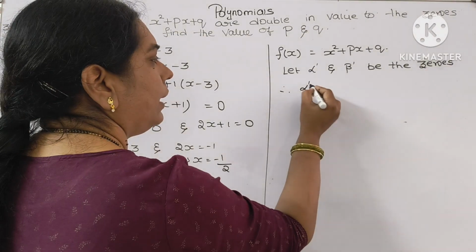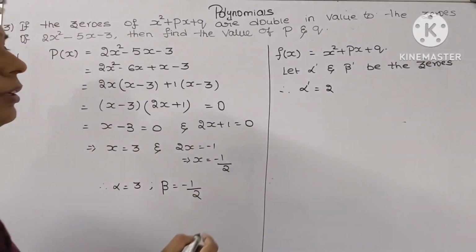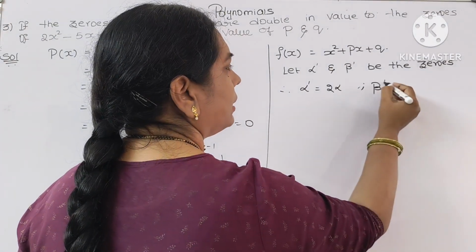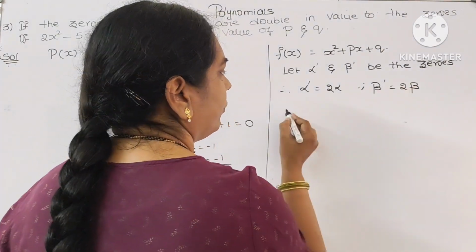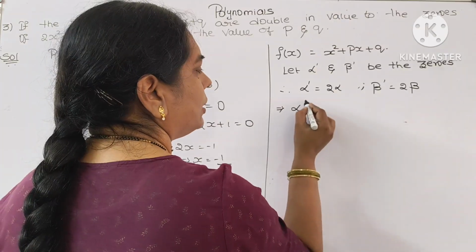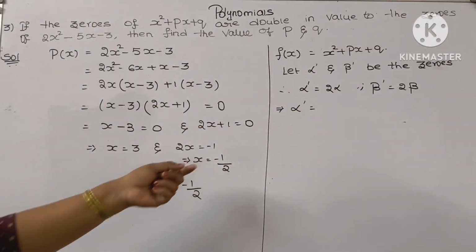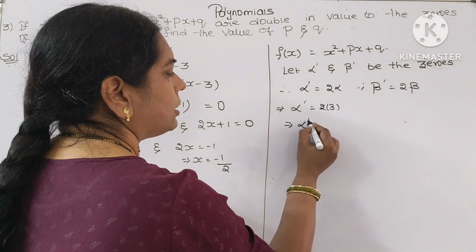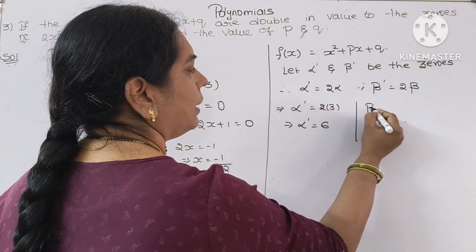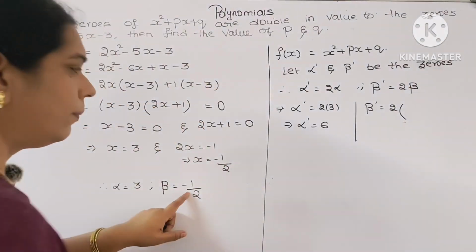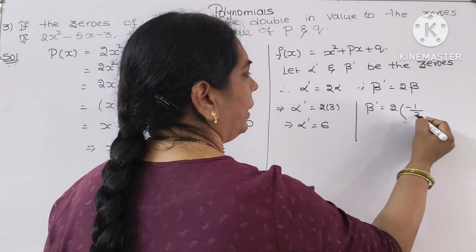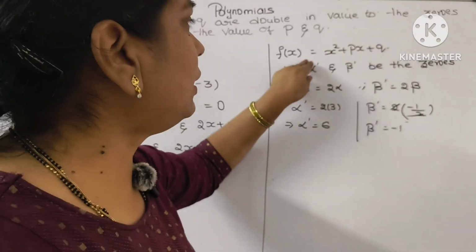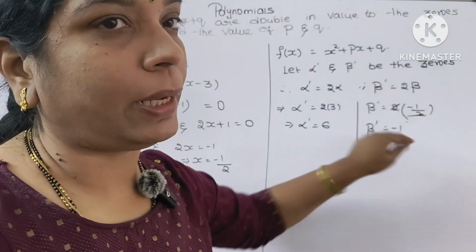Therefore, alpha dash is 2 times alpha and beta dash is 2 times beta, which implies alpha dash is 2 times 3. So alpha dash is nothing but 6 and beta dash is 2 times minus 1 by 2. 2 and 2 will be cancelled. So beta dash is minus 1. So the zeros of this equation are 6 and minus 1.